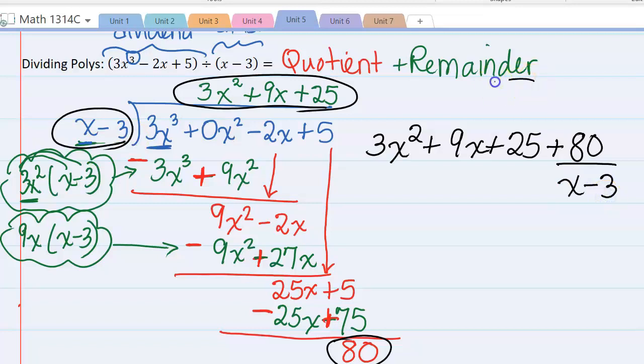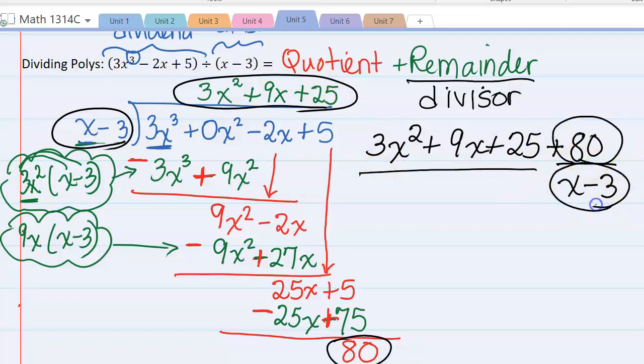So this should have remainder divided by our divisor. There's a couple of ways we can write this. One way is to write my answer as the quotient plus the remainder over the divisor. That is the answer of our division. We'll talk about rewriting it in a different manner in a minute.